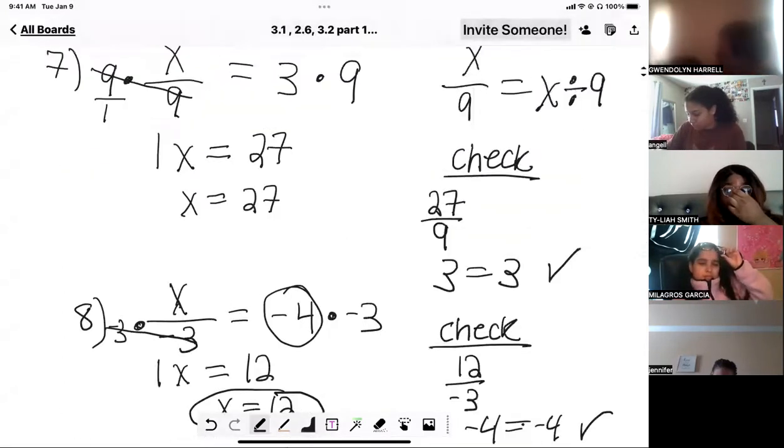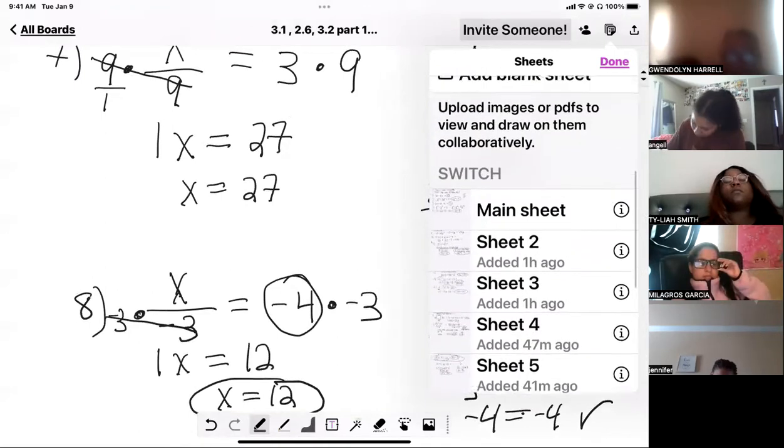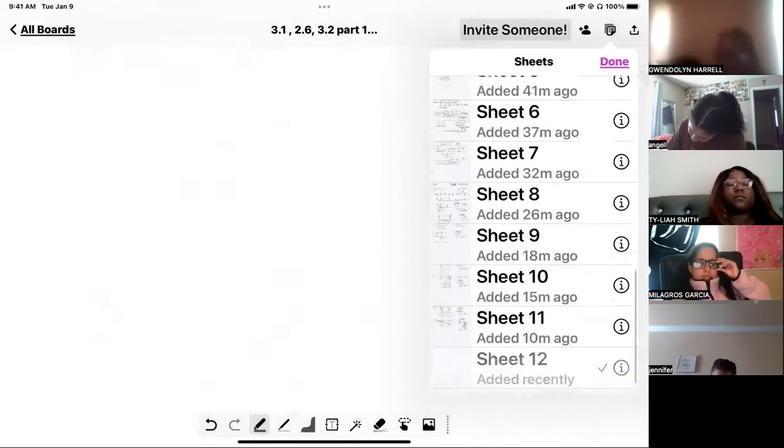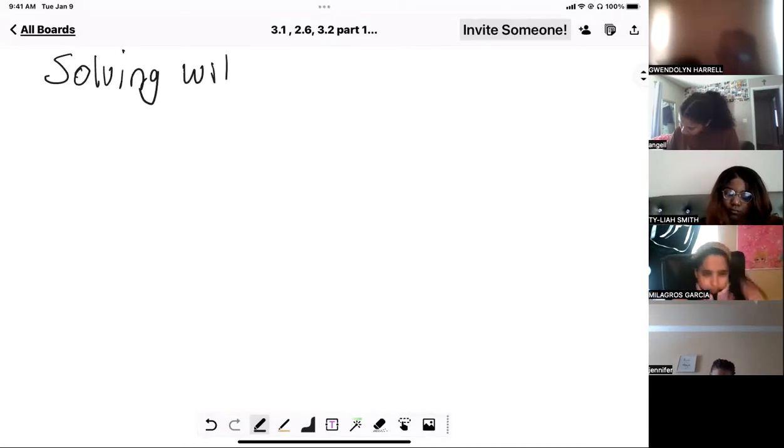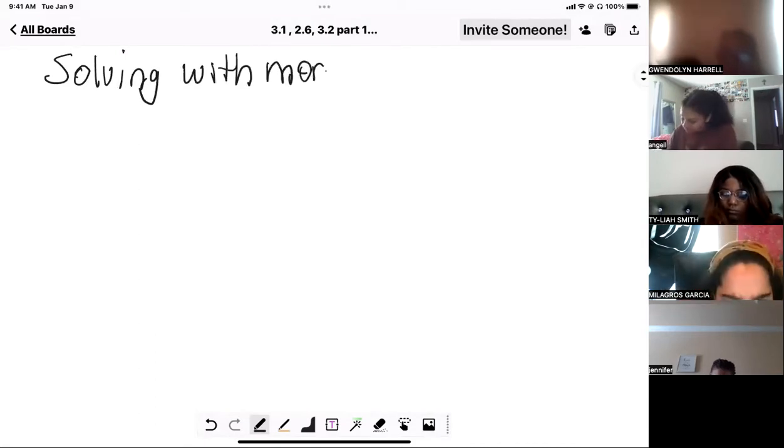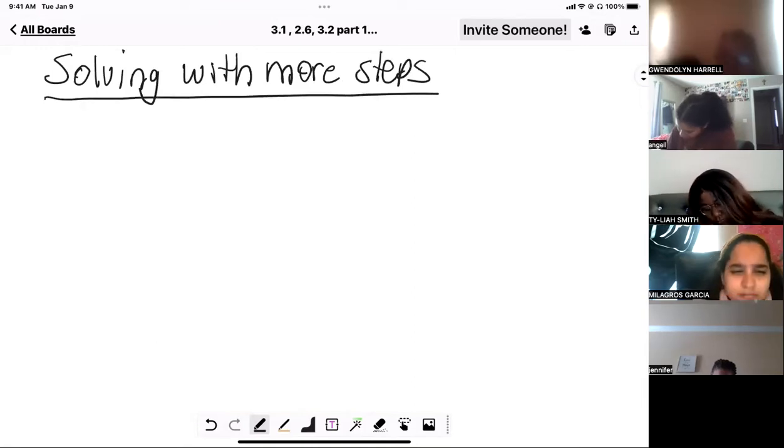All right, so let's call it solving with more steps. Sort of what I call multi-step problems, but we'll call it solving with more steps.